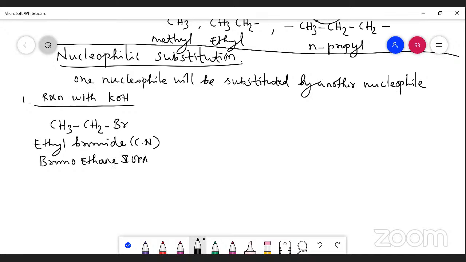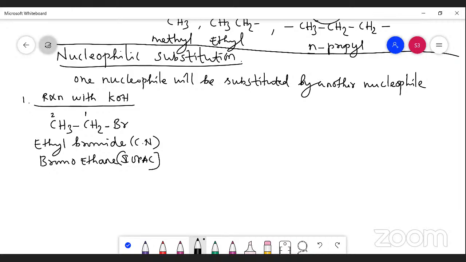So CH3CH2Br. How many carbon atoms are there? The carbon where the bromine is attached is the first carbon, because we should count from right to left, not left to right. This is your second carbon.